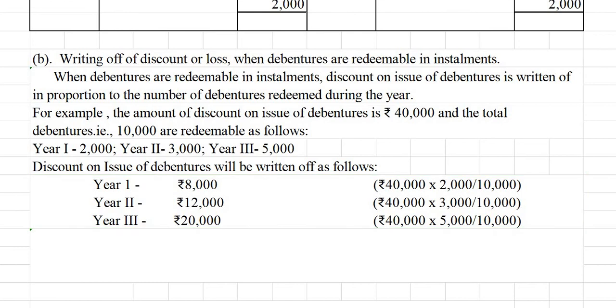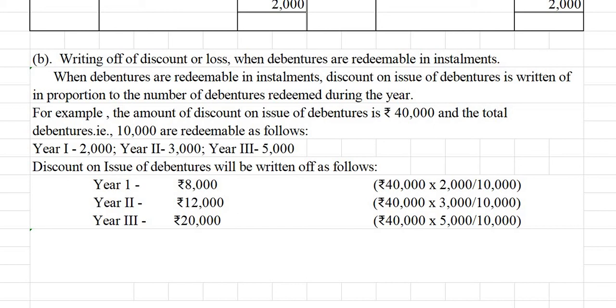Okay. And in the third year also 5,000 debentures are redeemed. So 40,000 rupees is for 10,000 debentures. Out of that 5,000 is redeemed. So 40,000 into 5,000 divided by 10,000.